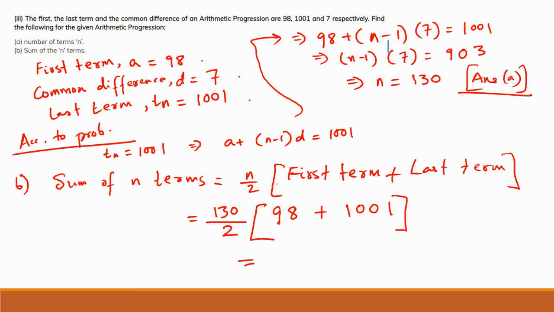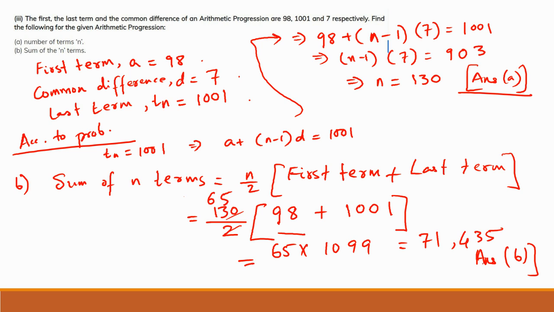So from here, if you do the calculation, it's pretty easy calculation, right? You have to just add it, and then this will divide by this. This will give us 65. So you have to just multiply 65 with this number, 1099. So 65 times 1099. When you multiply it, you will get 71435. Okay. So this is answer B.